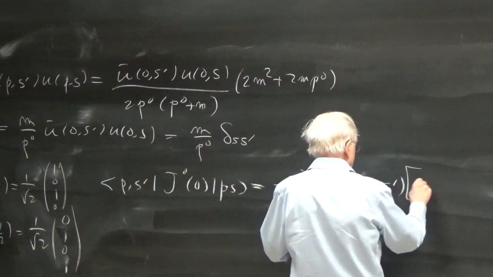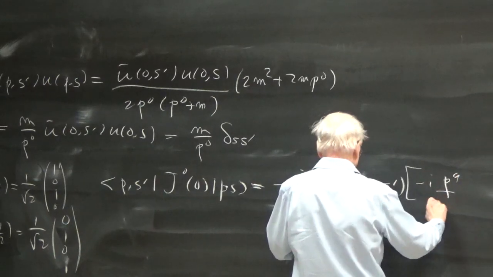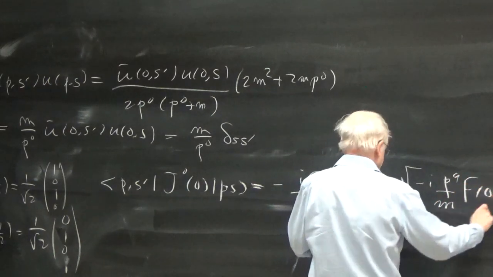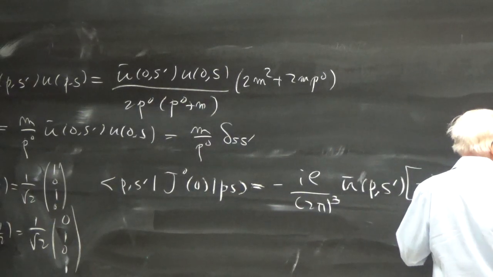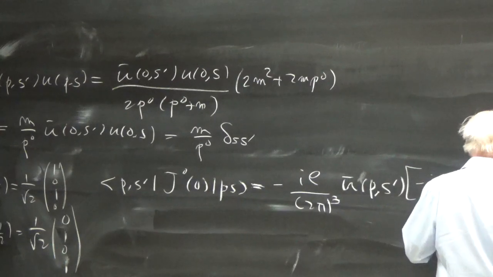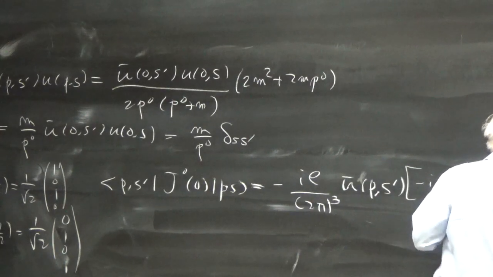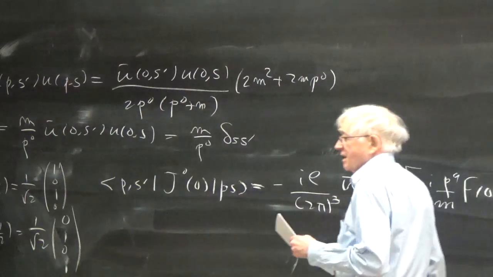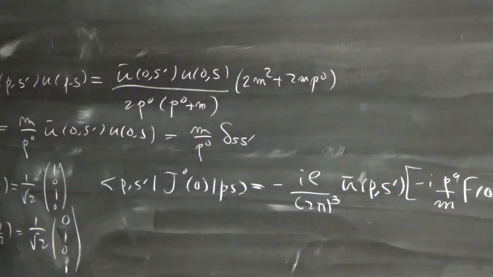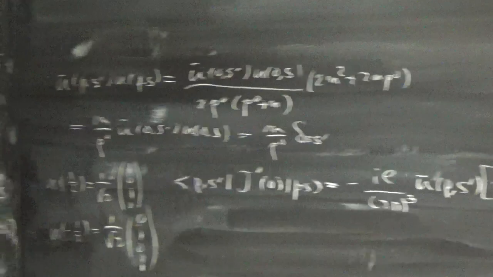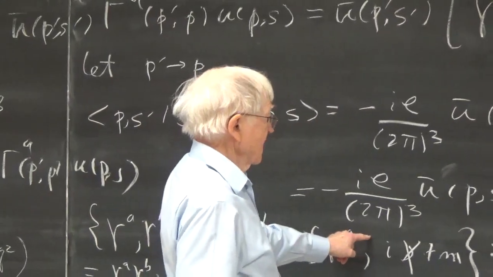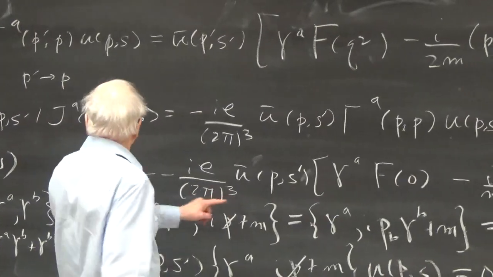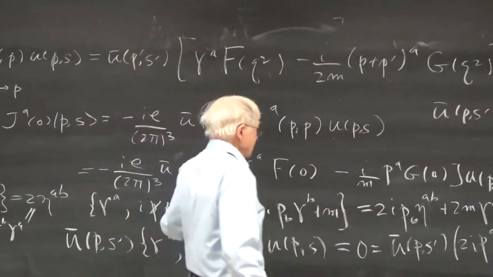We have minus i P A over M, F of 0, minus i over M, P A, G of 0, U of P and S. So that's going back to basically this expression written this way or that way, and then we've already set the momenta equal.